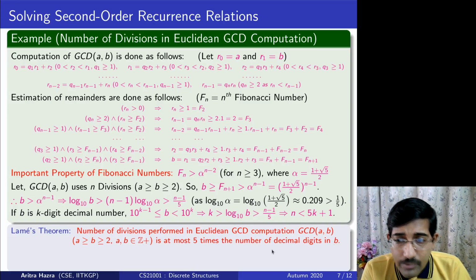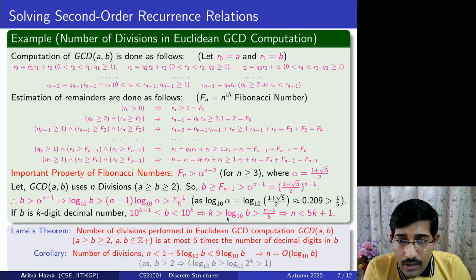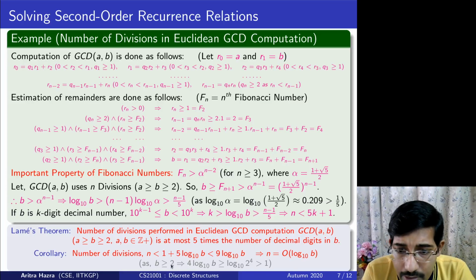And moreover, we can also see that if you take this k, it is log base 10 of B, because B is of k digits. So n is less than 1 plus 5 log base 10 of B. And if you see that B is greater than or equal to 2, which means log base 10 of B is greater than or equal to log base 10 of 2.